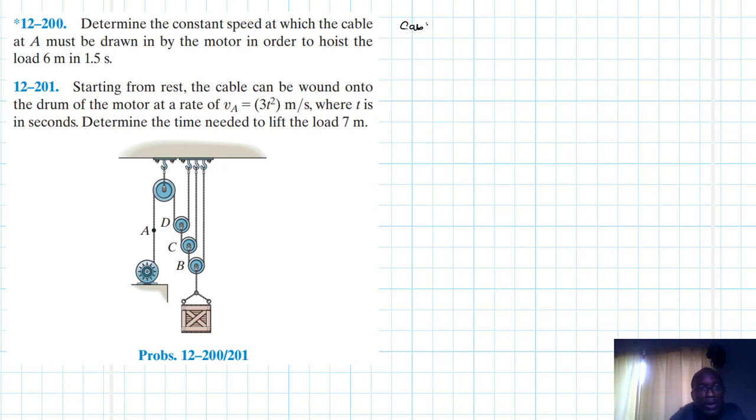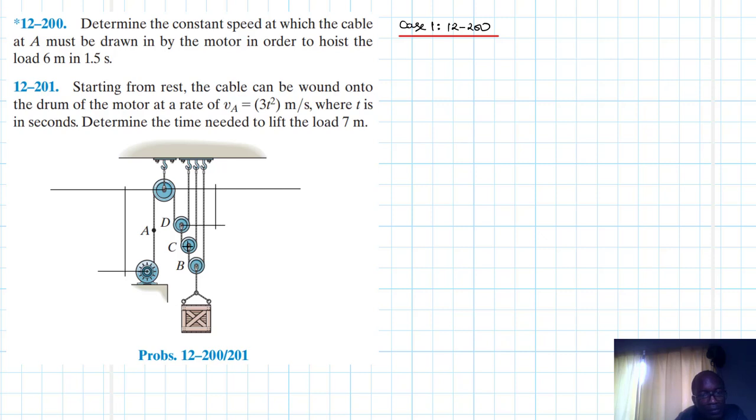Let's start solving it. This one we'll call case 1, which is 12-200. So what do we have here? Let's draw our datum. Let's pick our datum to be this point here. So let's have this point as our first displacement for A, and then for D, let's say up to somewhere there.